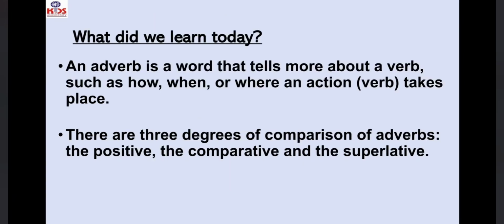So, what did we learn today? An adverb is a word that tells more about a verb, such as how, when, or where an action takes place. There are three degrees of comparison of adverbs: the positive, the comparative, and the superlative.